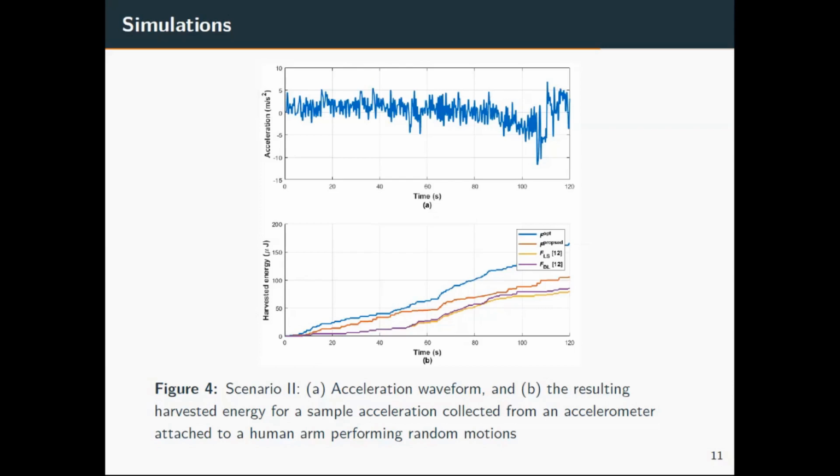Then the results which were machine learning based and least squares based are not as good as the one from exhaustive search, of course.